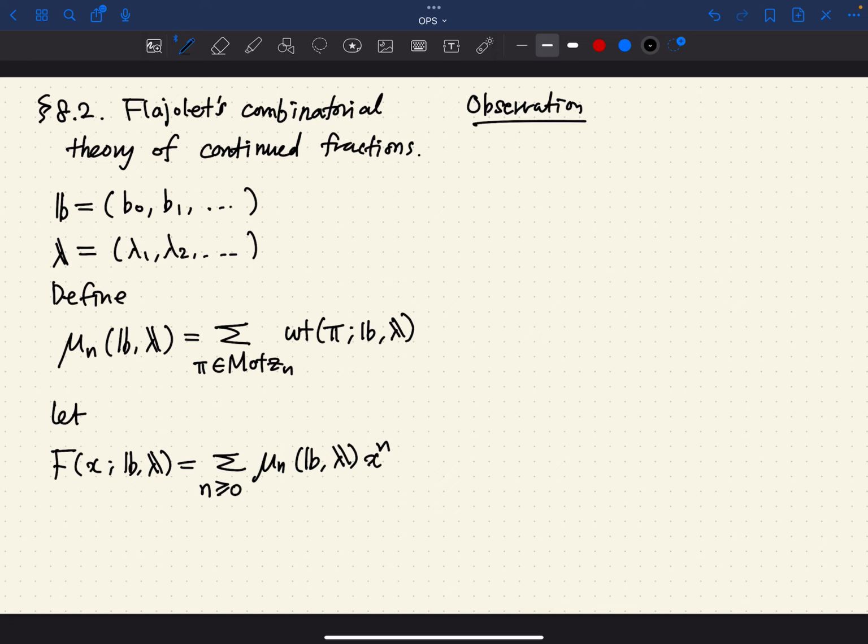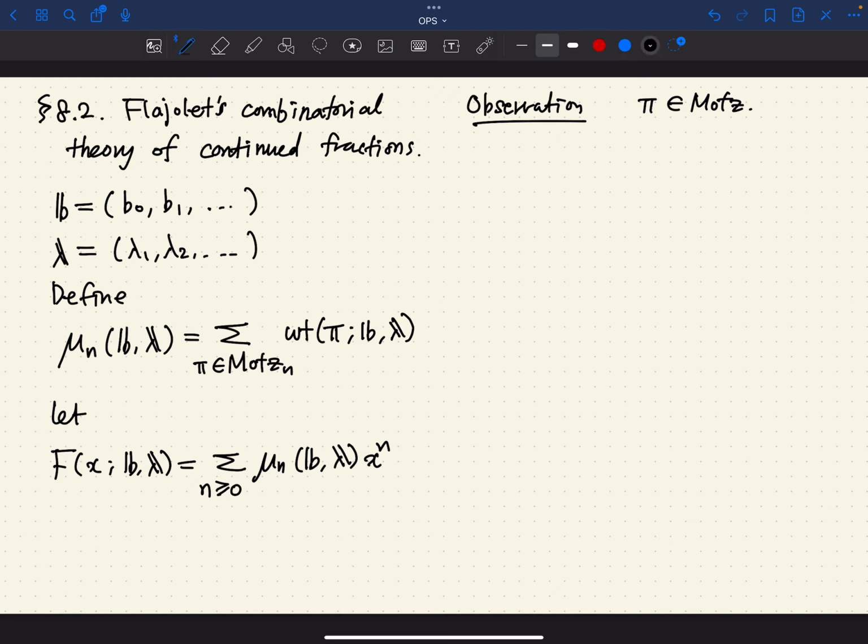So let's say pi is a Motzkin path. From now on, in this section at least, every Motzkin path is a path in this set, level 0 to level 0, always, okay?